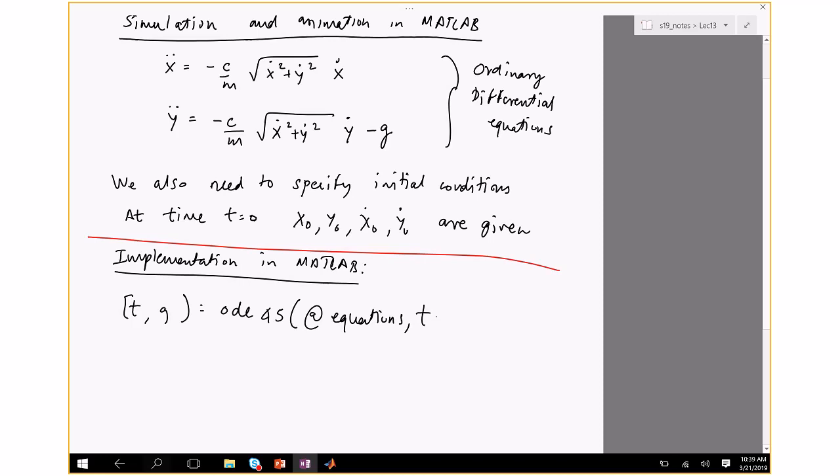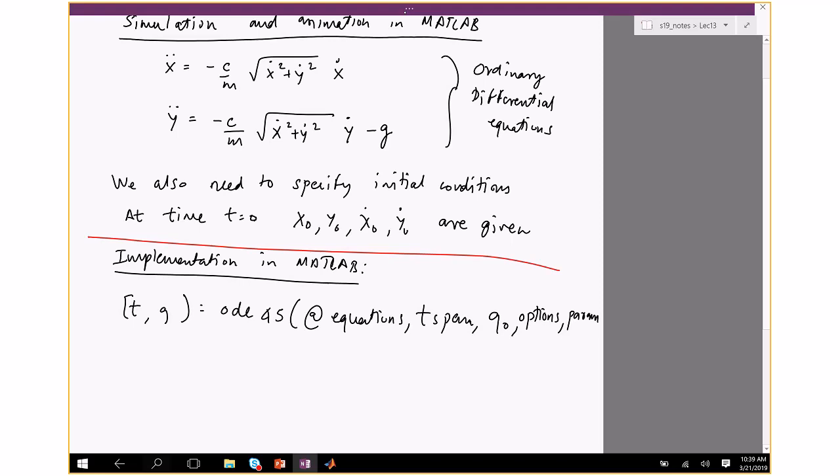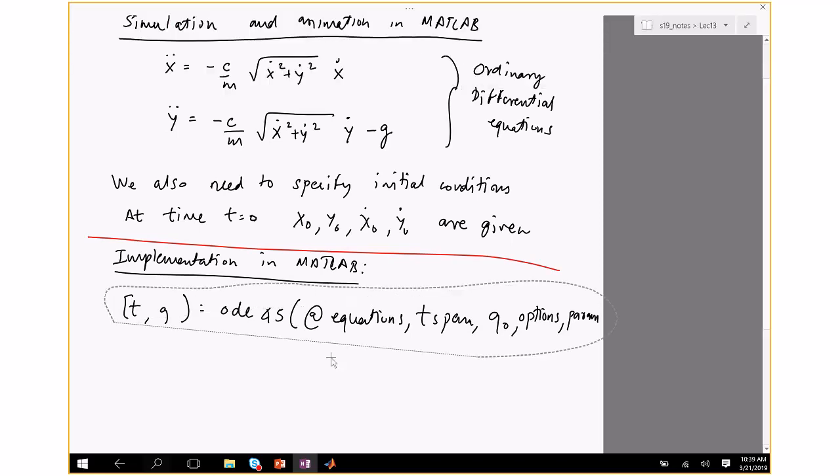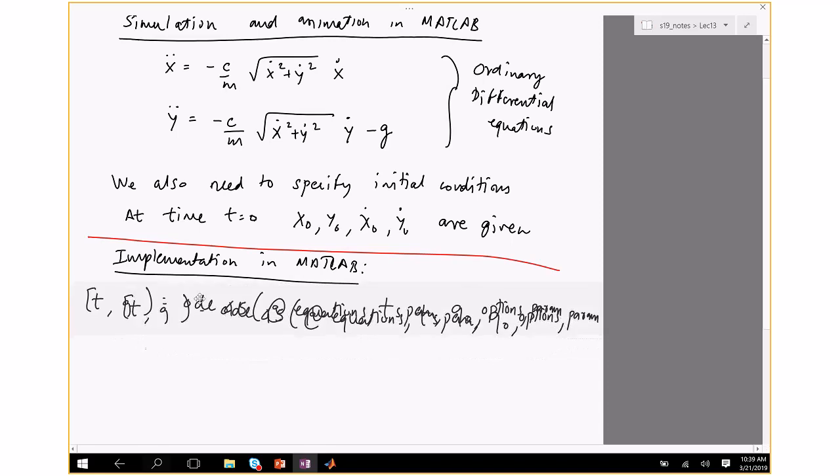The time comes there, so you want to integrate from 0 to 5 seconds, or 10 seconds, that will show up there. Q0 is the initial conditions, and then there are some options: how well you want it to integrate. There are tolerances on how accurate you want the integration to be. And then if you have parameters, like gravity could be a parameter, and the drag force is another parameter, you can pass them through as the last argument to this function.